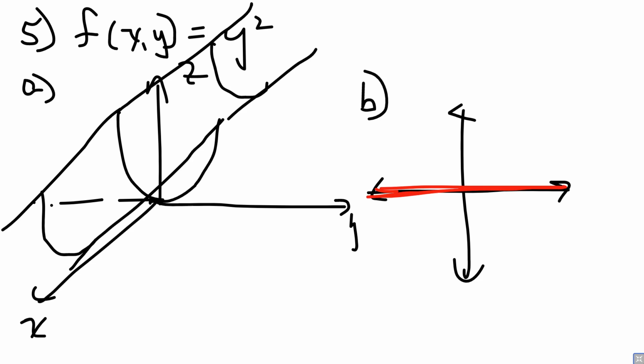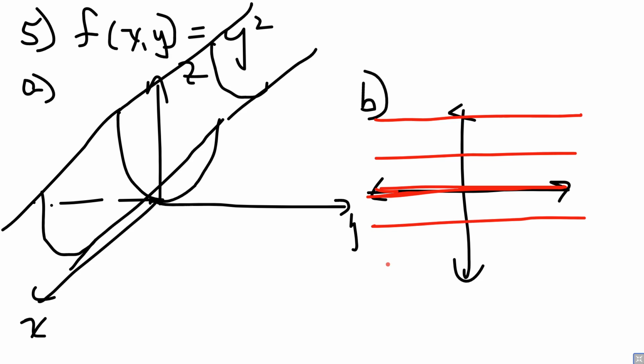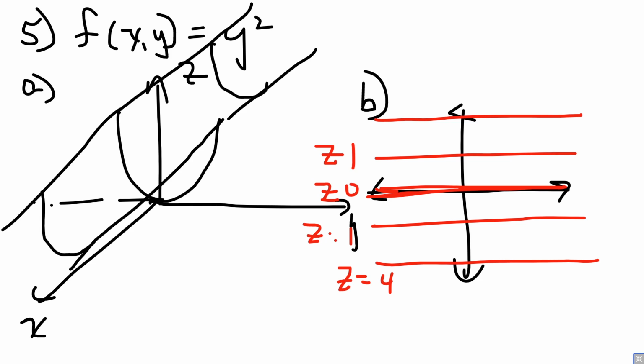When z is 1, I'll get another line like this. Then when z is 4, I'll get a line. And then I can do the same thing going back down. So this would represent z is 4, z is 1, z is 0, z is 1, z is 4.